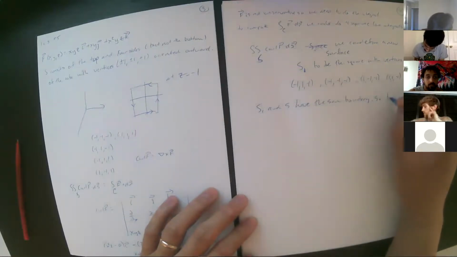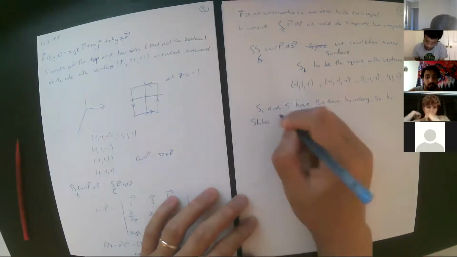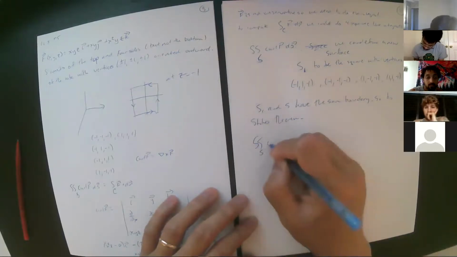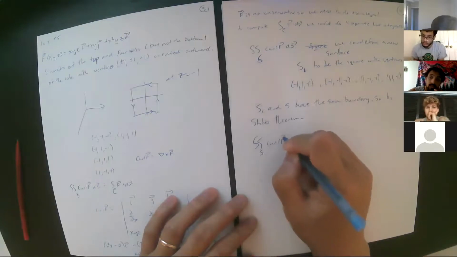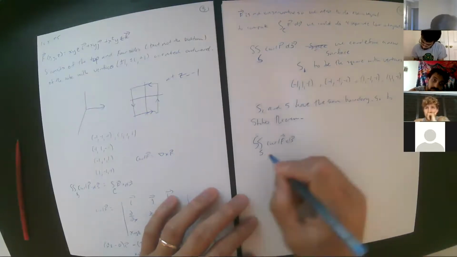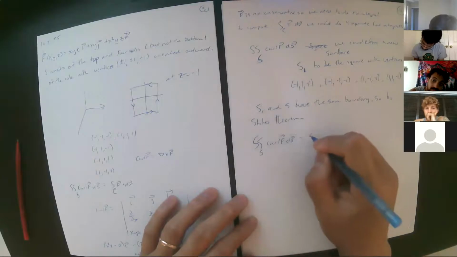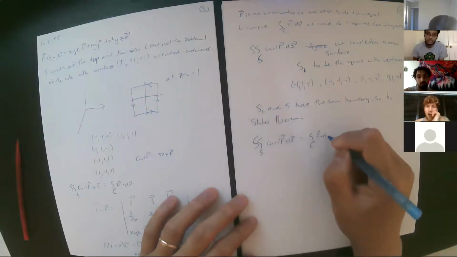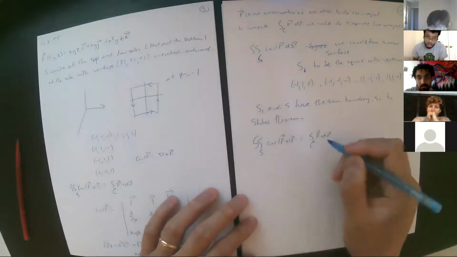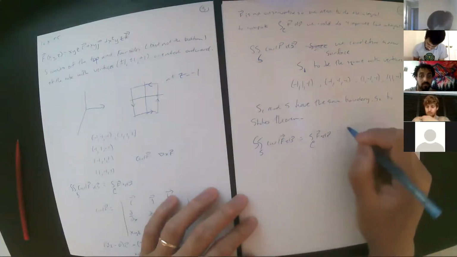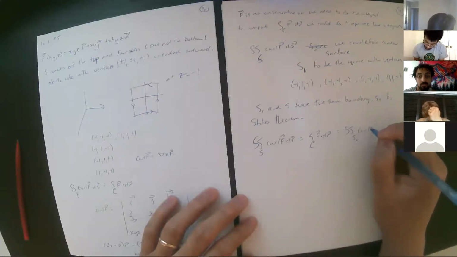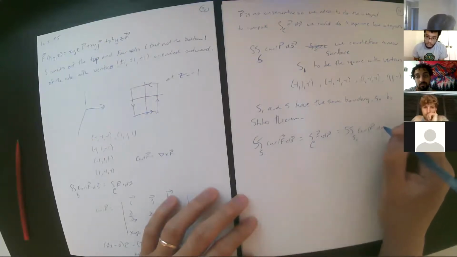So by Stokes' theorem, the integral of the curl of F on S is equal to the integral of F dot dr around the curve. But since they have the same boundary, this is equal to the integral over S1 of the curl of F dot dS.